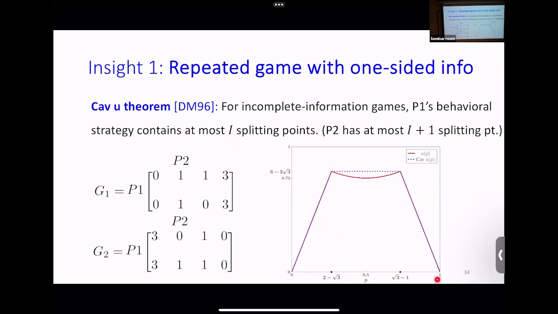Here we have a 2-dimensional simplex, which is just a 1-dimensional line. You only need I splitting points, or vertices, to convexify it. So in this case, you only need 2 points to convexify a 1-dimensional function. In general, you need I points.